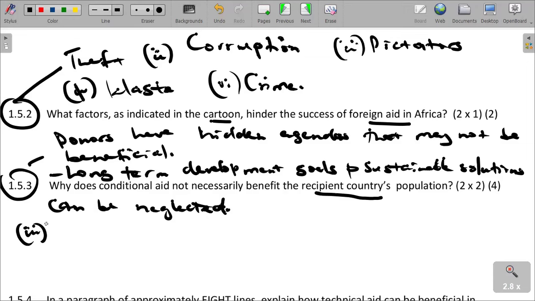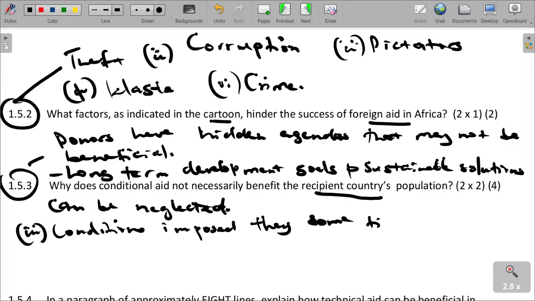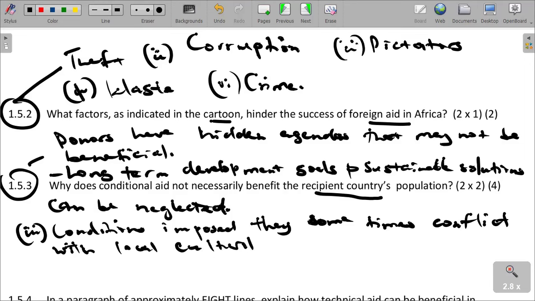Conditions that are imposed sometimes conflict with local cultural practices.